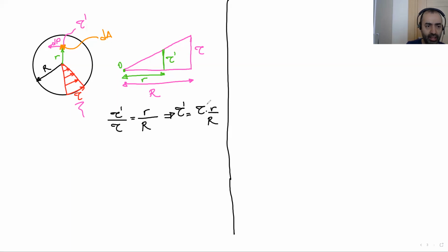This is basic. I guess you understand the logic behind this one. Is there any question regarding this part? How we get the top line.